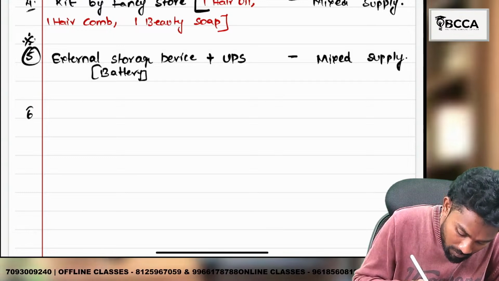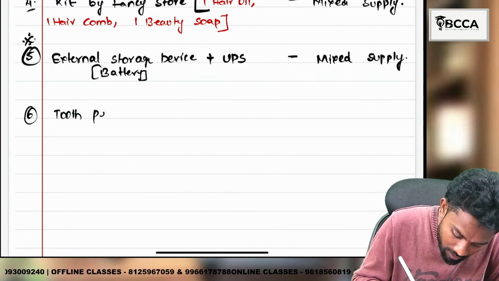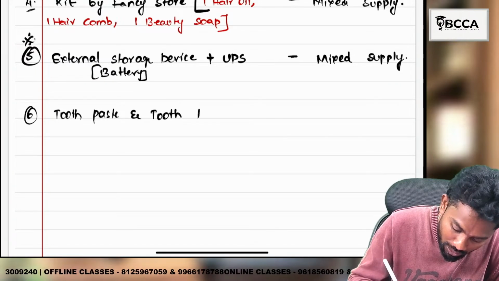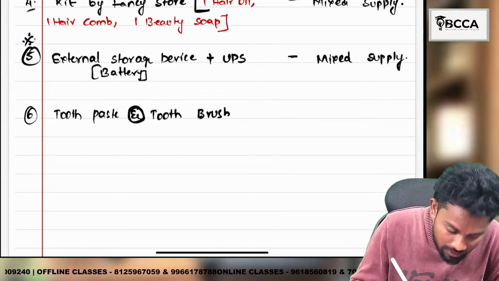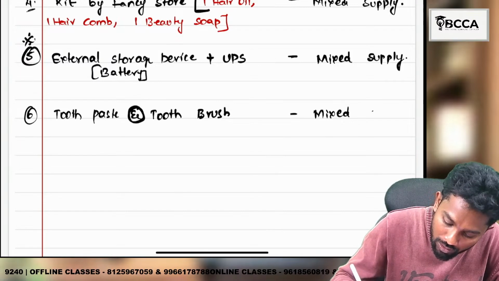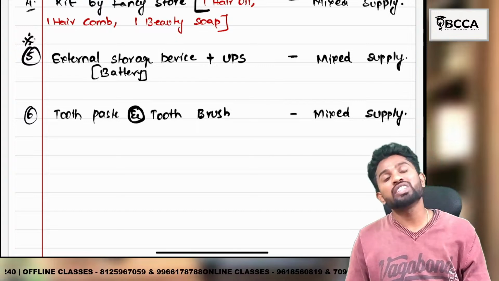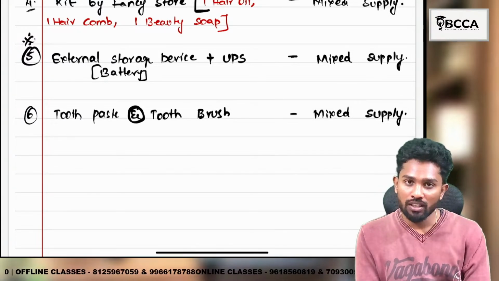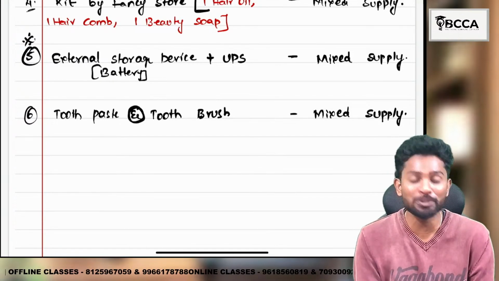Then toothpaste and toothbrush, when they are supplied together, then also it is a mixed supply. Sir, how is toothpaste and toothbrush linked? You buy one toothpaste for the whole family, but everyone has a separate toothbrush, right?